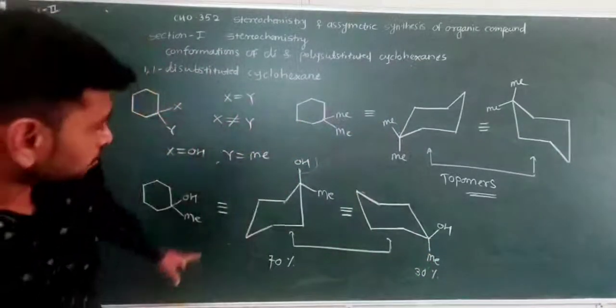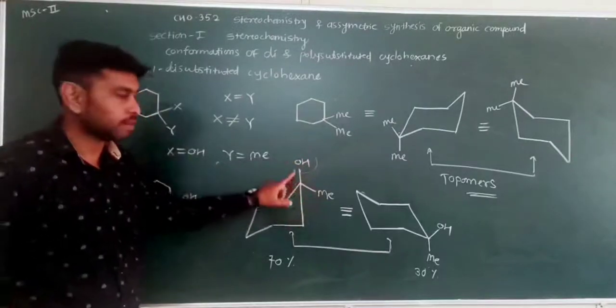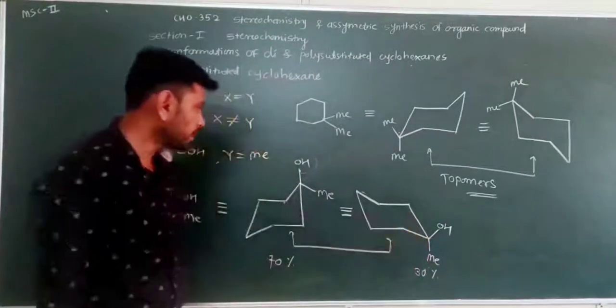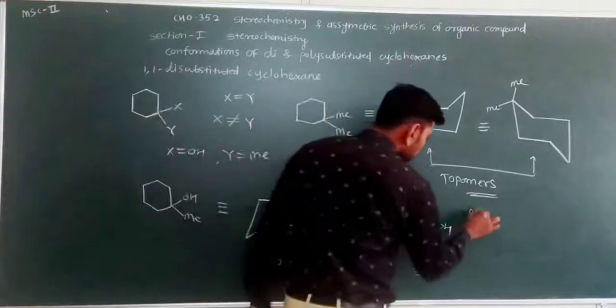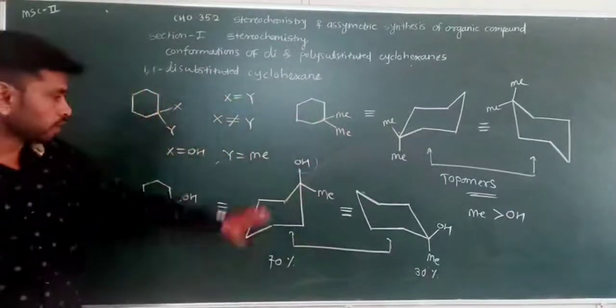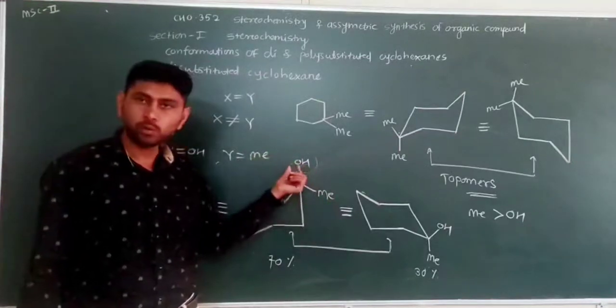The OH group and methyl group are attached at the same carbon, but which is the bulky group? Methyl is bulkier than the OH group.